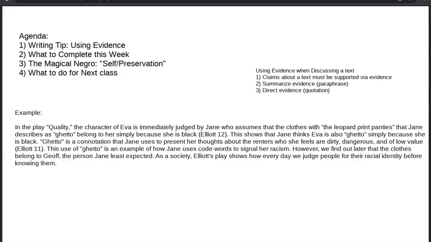Okay, so to make it real simple, you can think of using evidence as a three-step process. And you can do this every time. First step is your claim about the text.